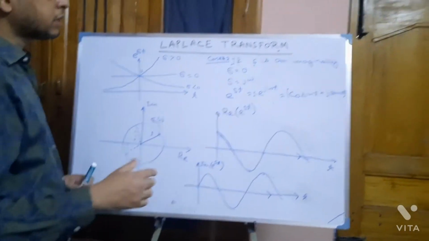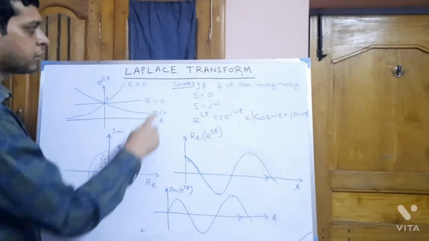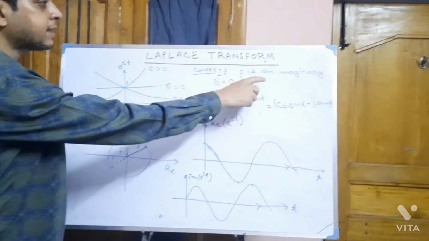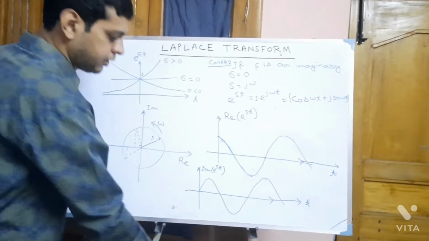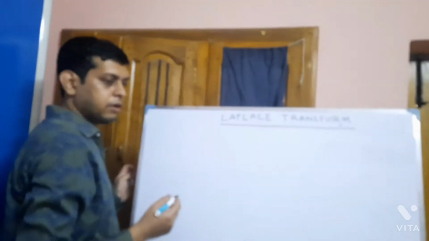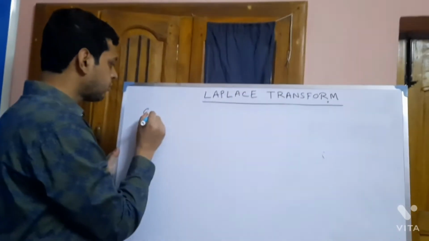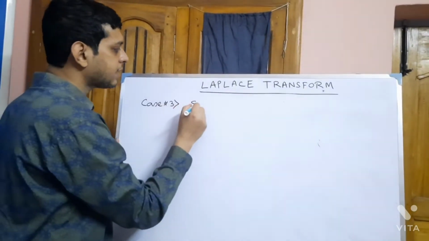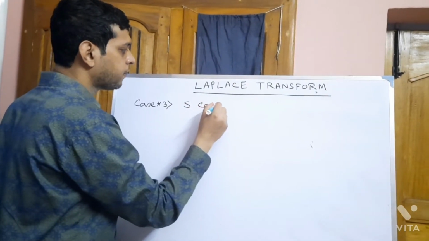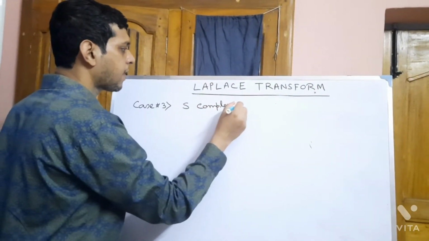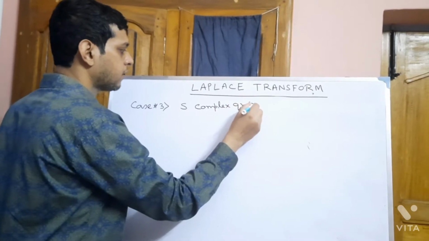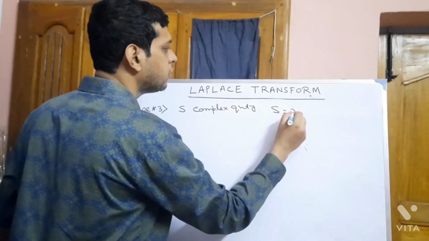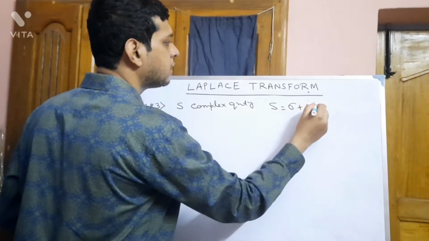Okay. Now in the next case, case 3, we will consider S as a complex quantity, that is S equal to sigma plus j omega.